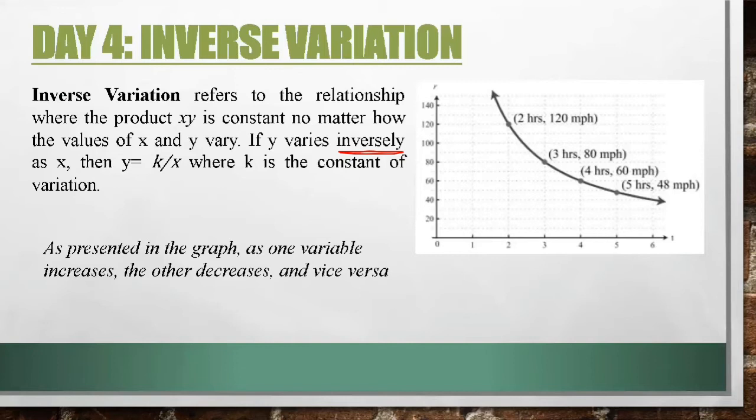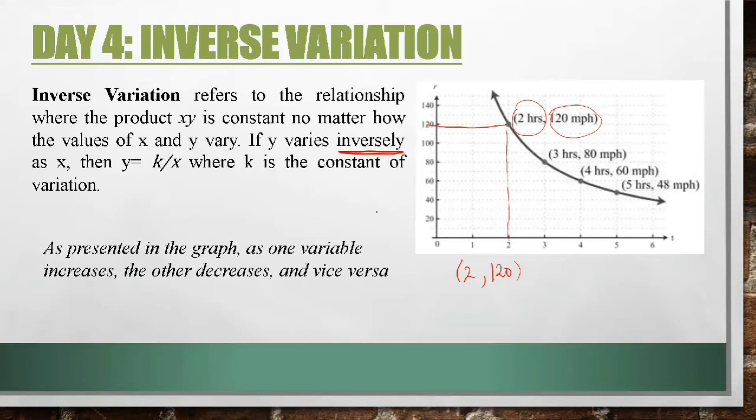Ngayon, how are we going to prove this graph if this is inverse variation? So, now let's have the ordered pairs. The first ordered pair that we have, x is 2 hours and y is 120 miles per hour. So this is the first ordered pair. We cannot identify if this is inverse or direct if we are going to get only one ordered pair.